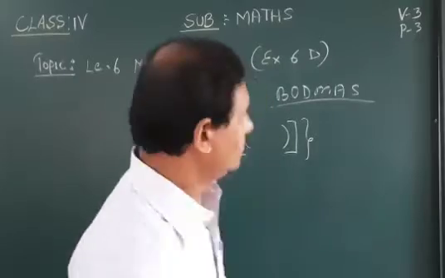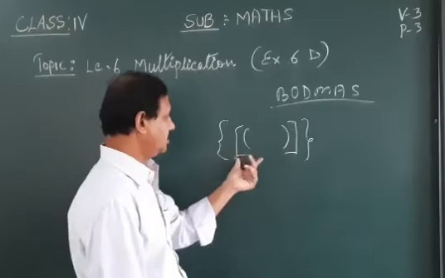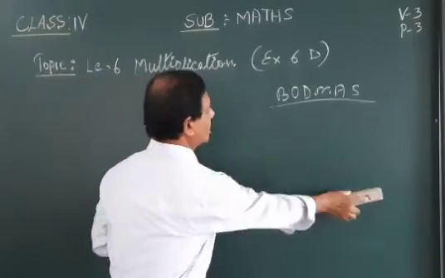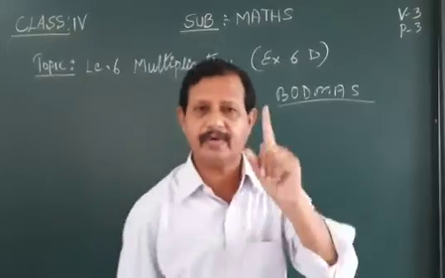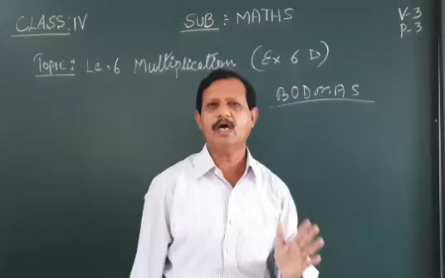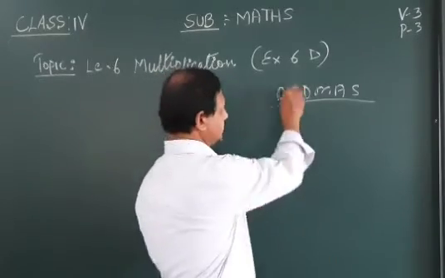First you have to solve this bracket, then this bracket, and this bracket. If only one bracket is given, then you simply solve the values given in the bracket. This is the first.